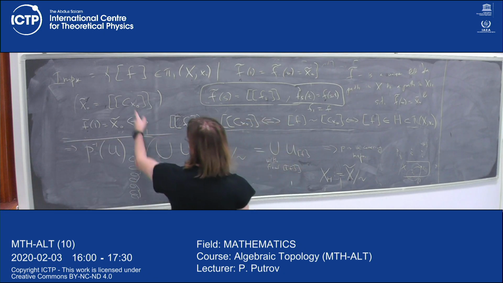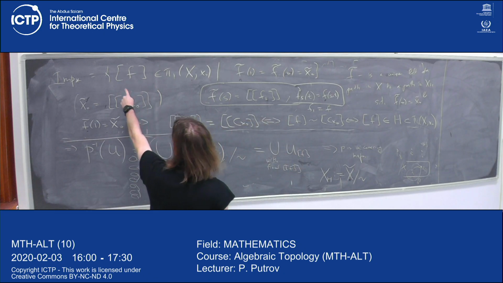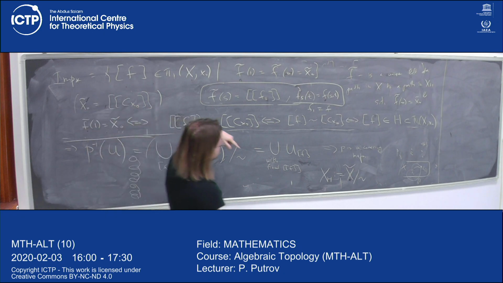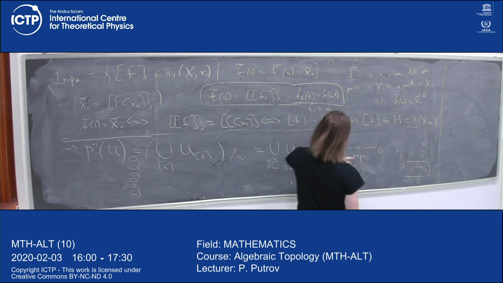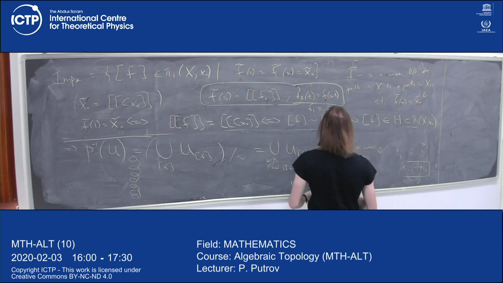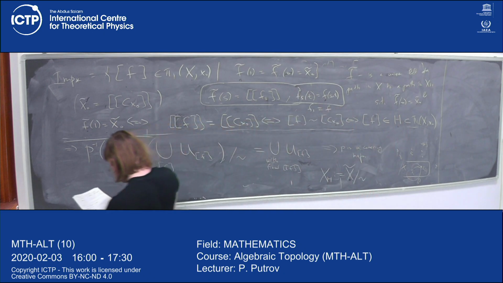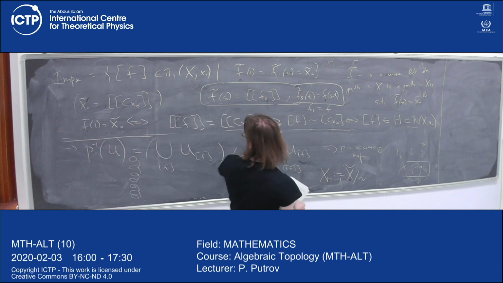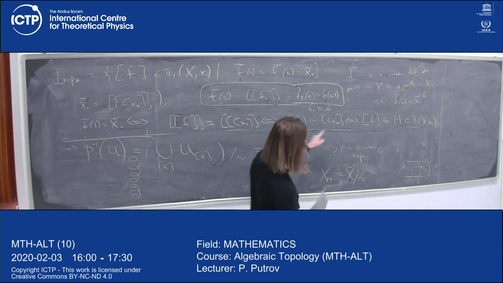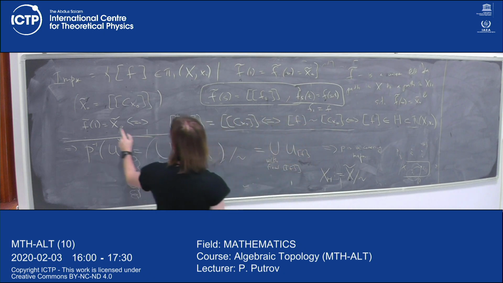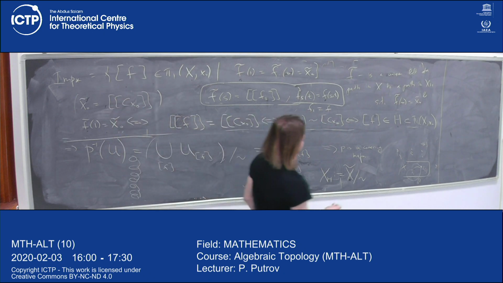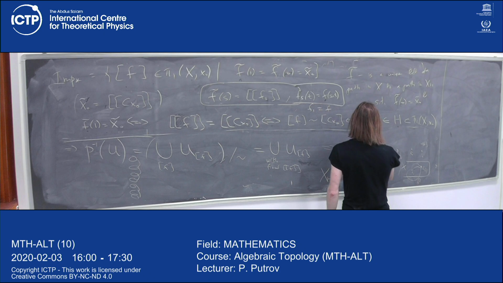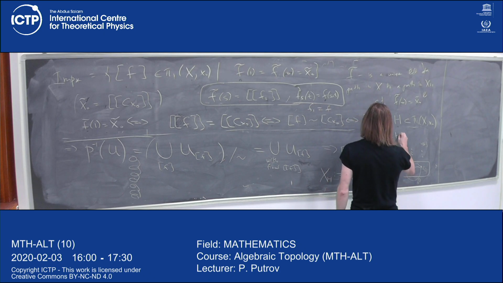So we showed that any element in the image is indeed an element of H, and everywhere it was if and only if. So we can go over, and this means that indeed the image of P star is the same as H.